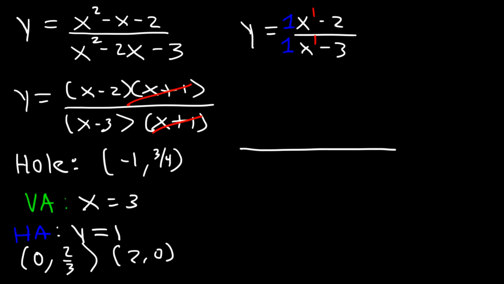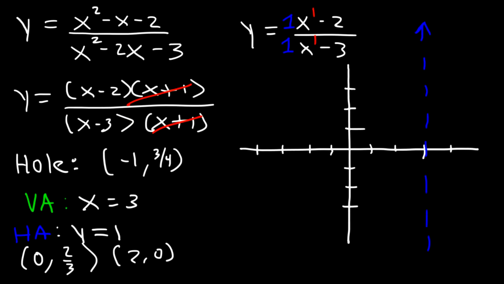So let's go ahead and graph the function. So we have a vertical asymptote at x equals 3.